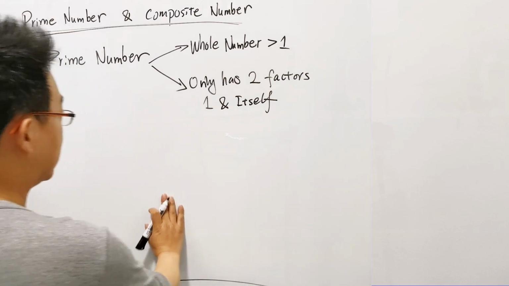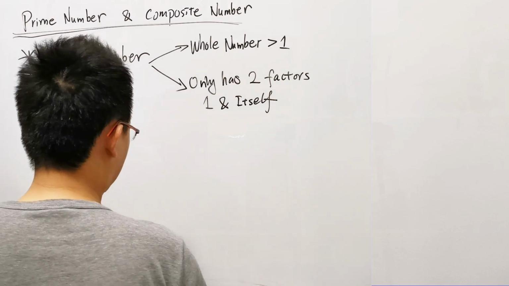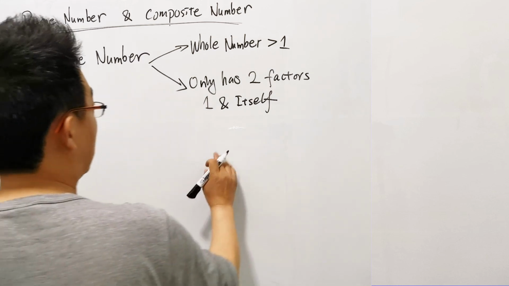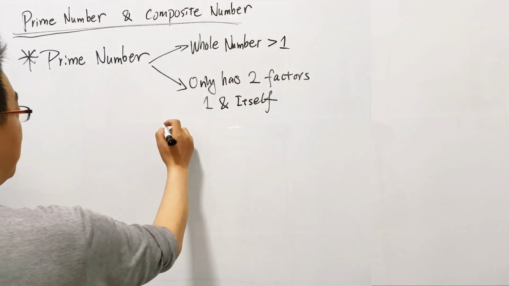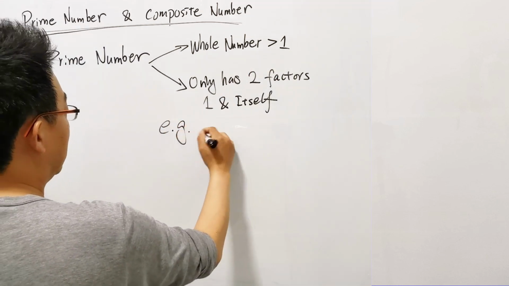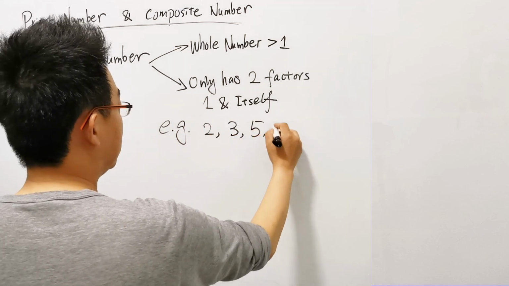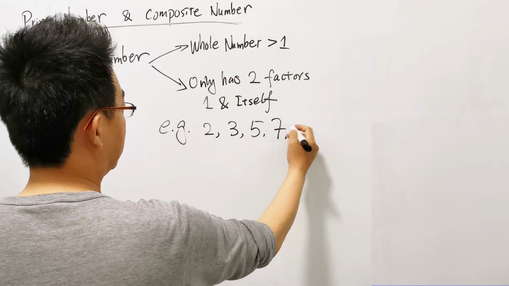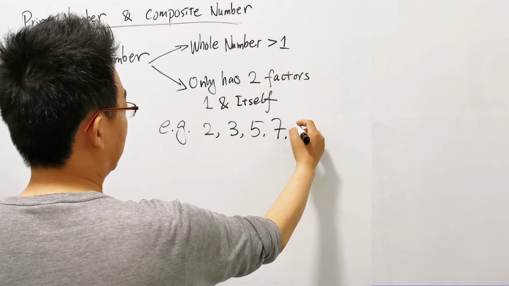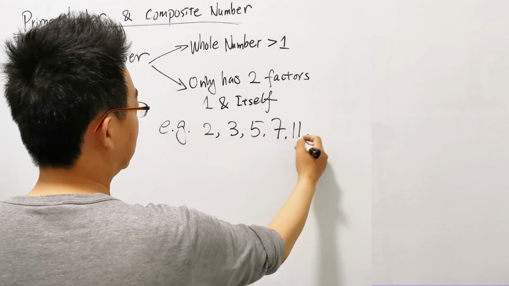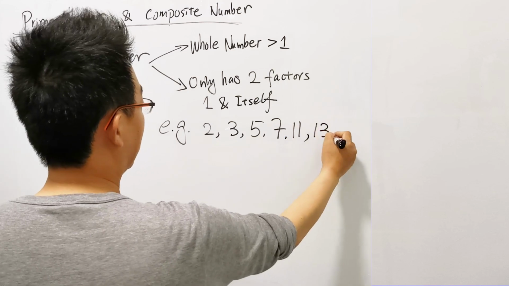So what are those numbers that have only 2 factors and are greater than 1? For example, we have 2, 3, 5, 7, 11, 13, and so on.